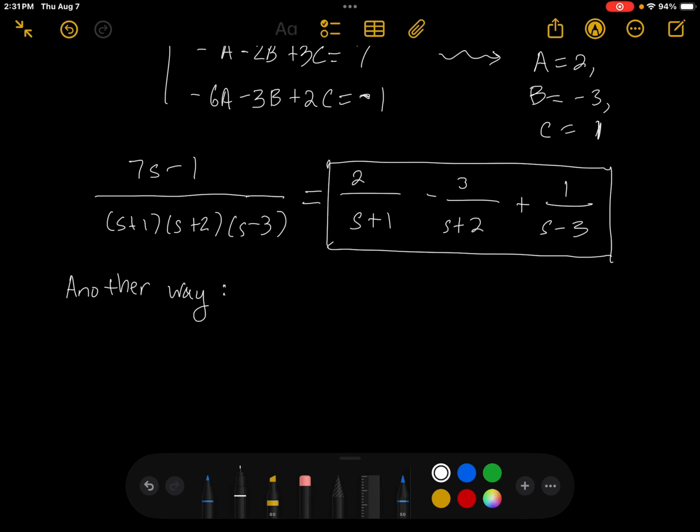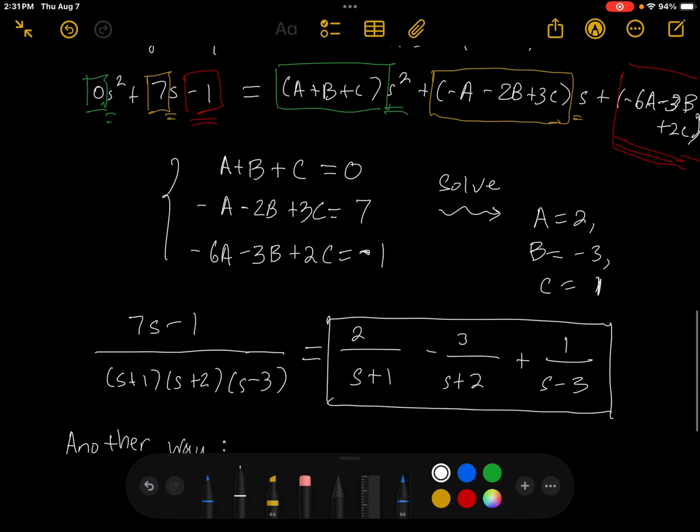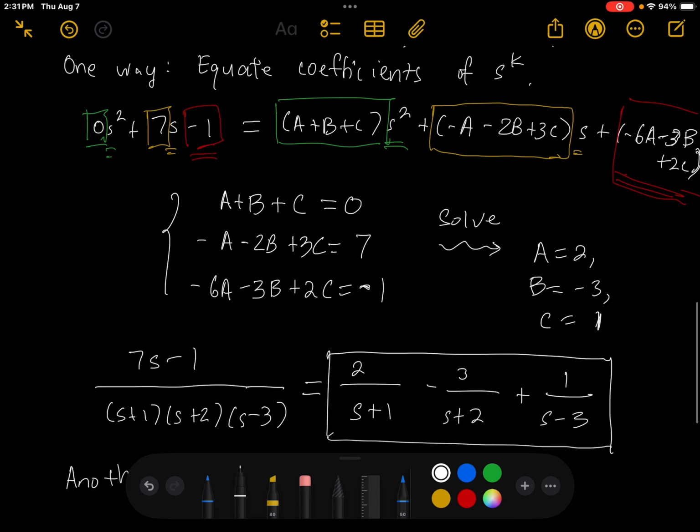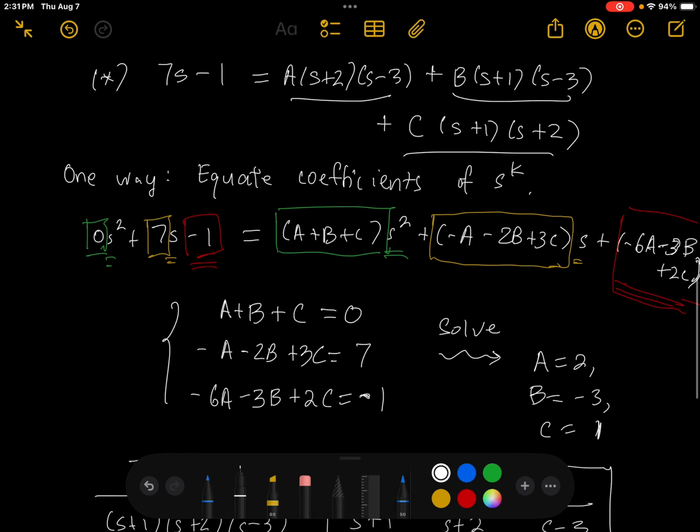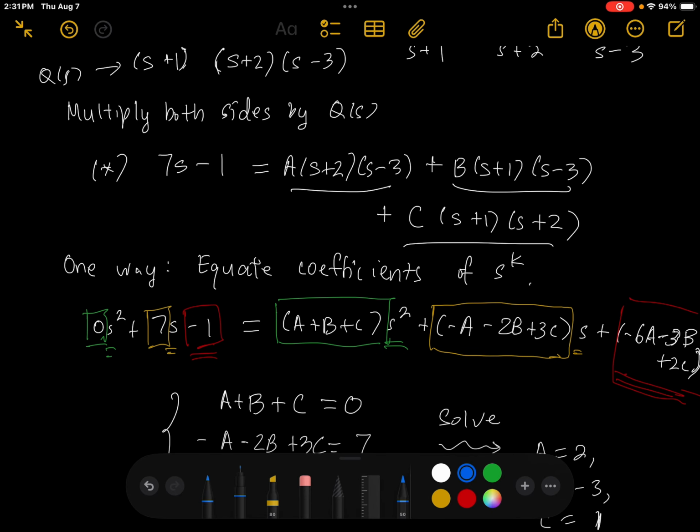But it's worth seeing both ways, because if you have a particularly simple example, this first way is probably a little bit easier. Anyway, the other way is, so we have this. This is what we're working with, and we're trying to find A, B, and C that will make this true no matter what S is.